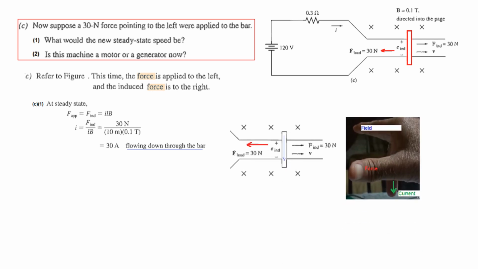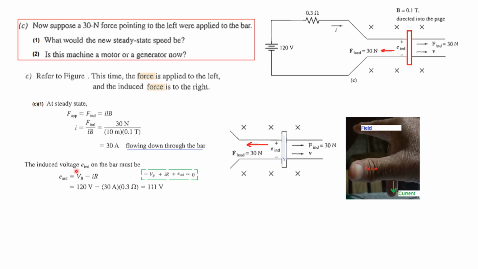The force applied is towards the left, so the thumb represents that force. The magnetic field is into the page, and therefore the current will be moving down. So the current is flowing down the bar.